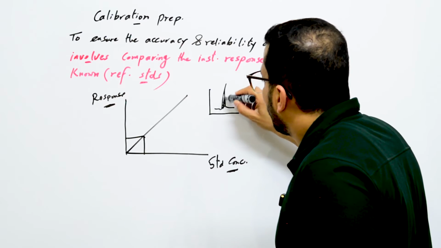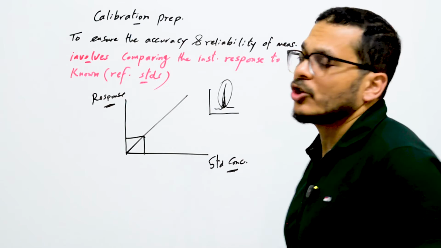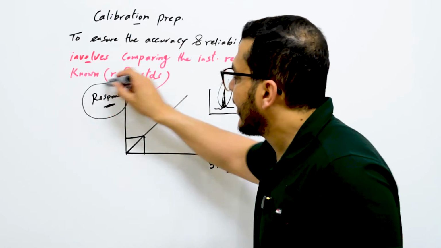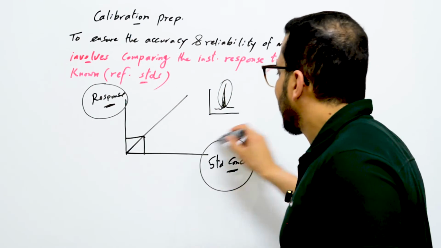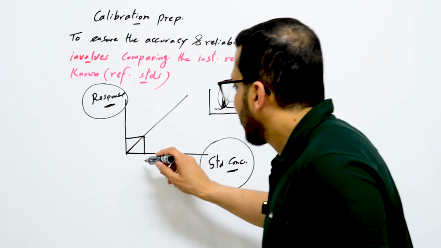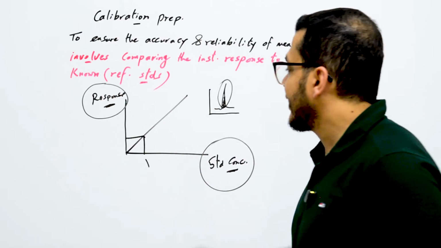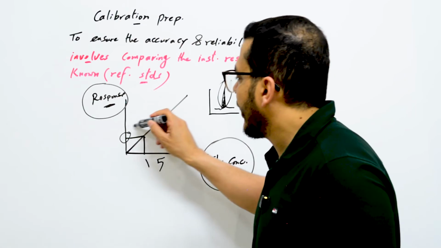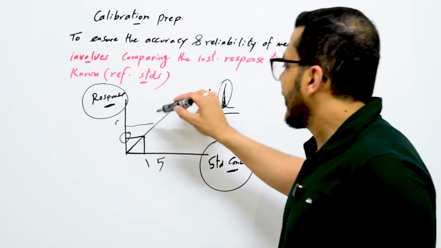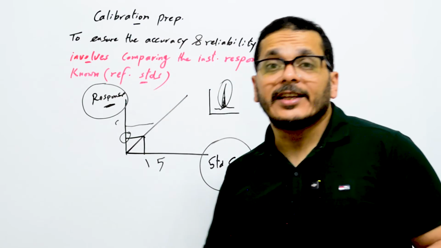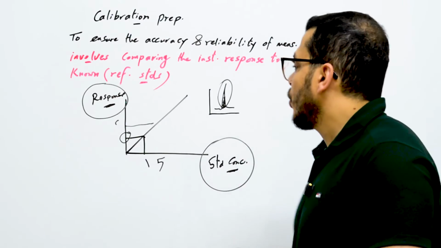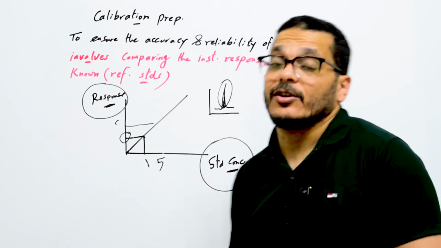The area under the peak is the response for this concentration, and after that you will get the response against standard concentration. As an example, 1 microgram per liter will get a response, 5 microgram per liter you will get a response, and then by running these concentrations on your instrument, you will get a calibration curve.